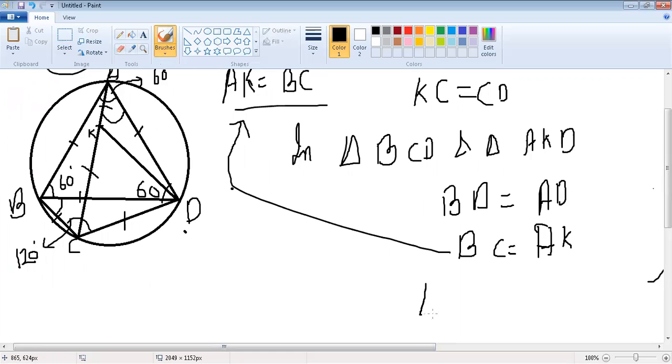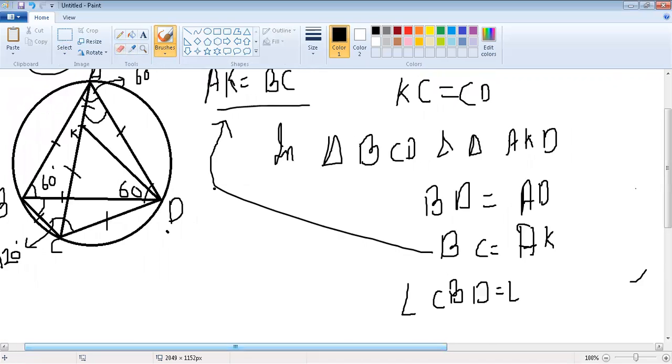So we can clearly write angle BCD. Oh, my mistake. Angle, wait, let me rub this off. So yeah, angle CBD equals angle DAC, DAK, yes, so that the triangles become congruent.